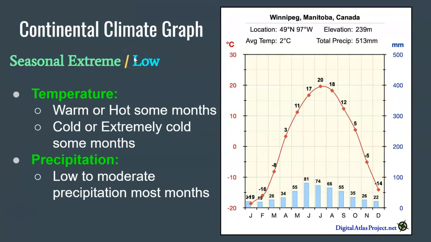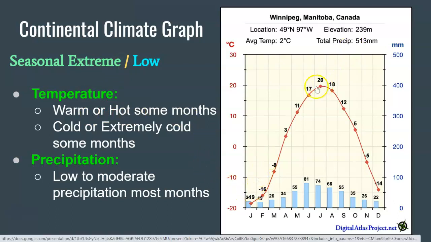Okay, our continental climate graph. If we look at Canada, think of Manitoba, Winnipeg. For all of you hockey fans, those Winnipeg Jets, that's where they're located. But it's got a seasonal extreme, and then low precipitation. So it could be warm or it could be hot. Up here it's at 20, which again I think is in the 80s because we're at degrees Celsius.